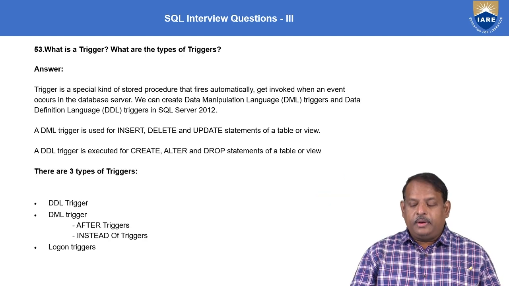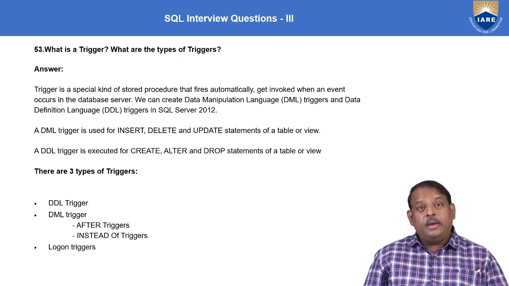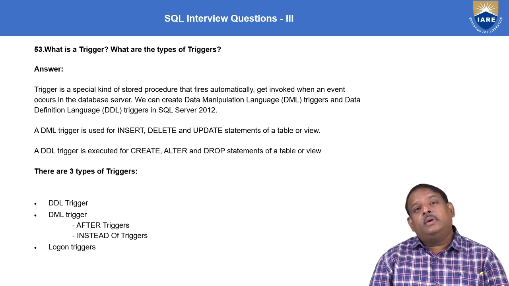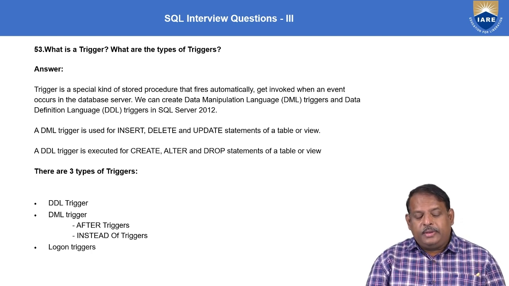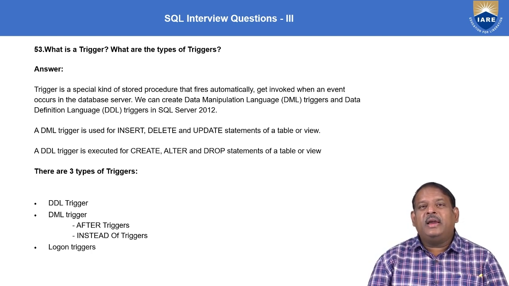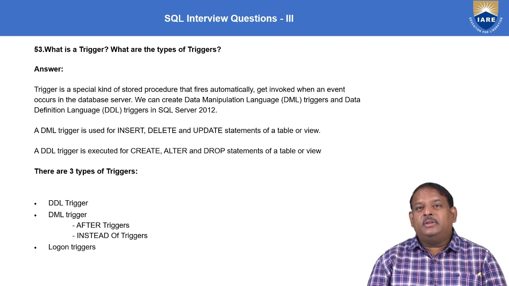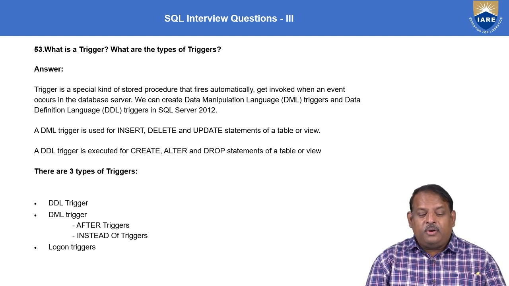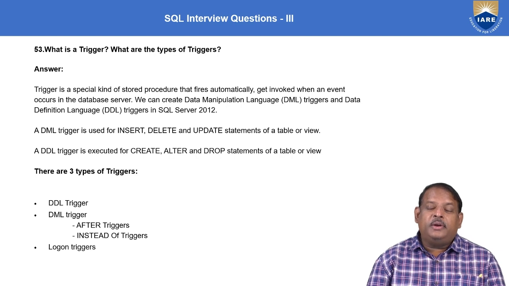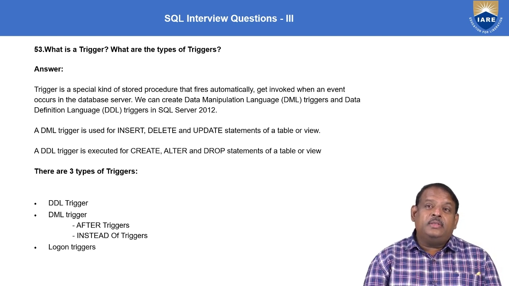Okay, what is a trigger? And what are the types of triggers? A trigger is a special kind of stored procedure that fires automatically. That means you don't need to invoke it. For example, if you want to invoke a stored procedure, you have to call it with exec.